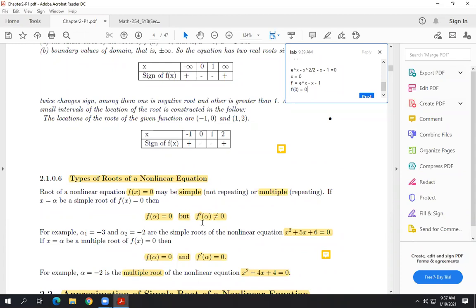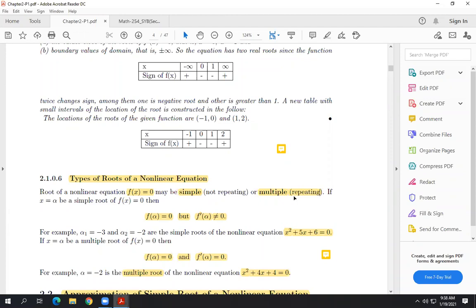By this formula. But later on, inshallah, I will tell you more, because when I say 0 is a multiple root, what does multiple root mean? Basic idea: multiple root means repeating. Later on, we will check how many times it is repeating.